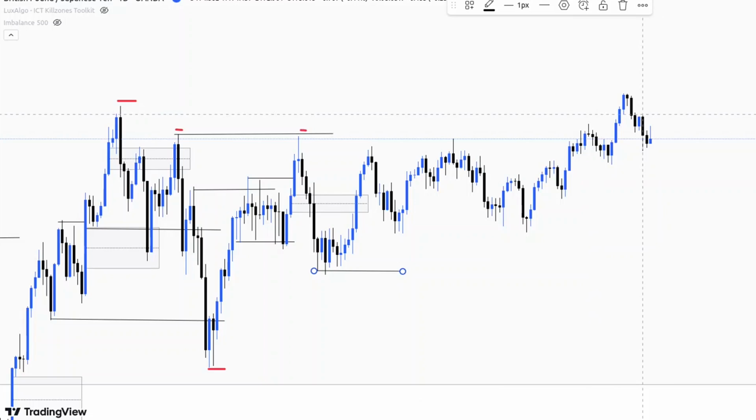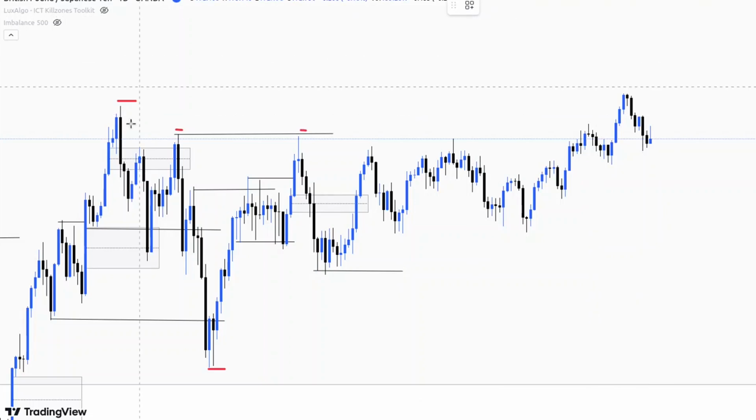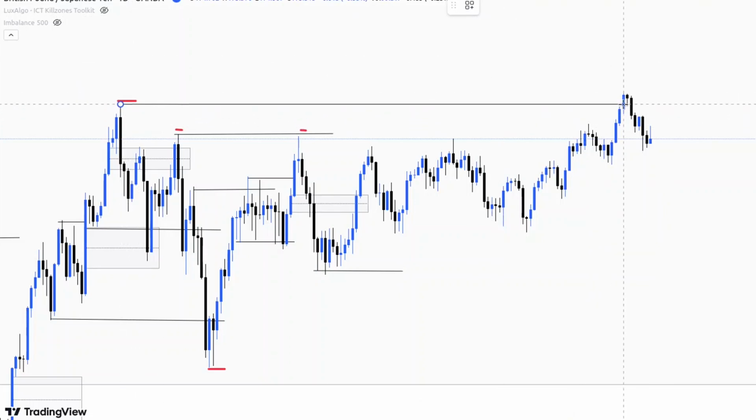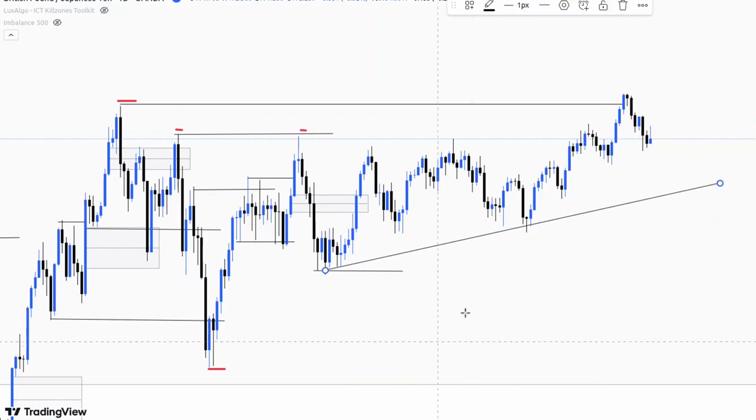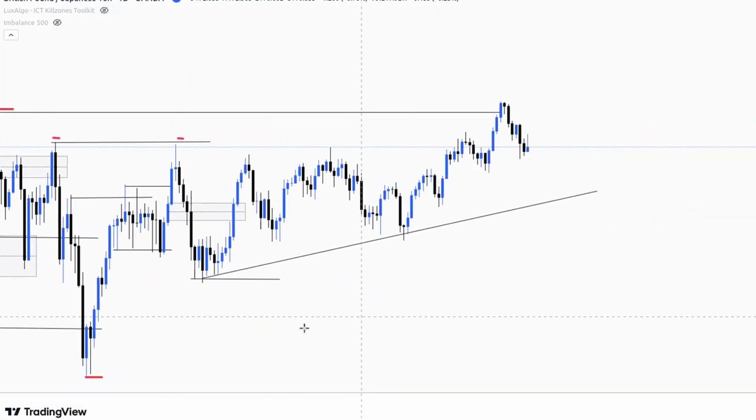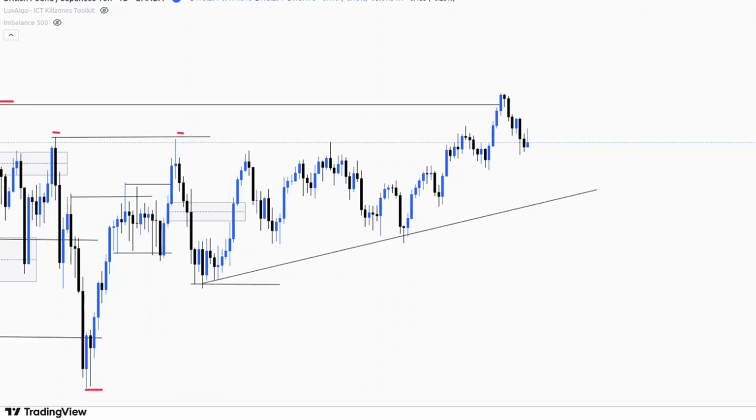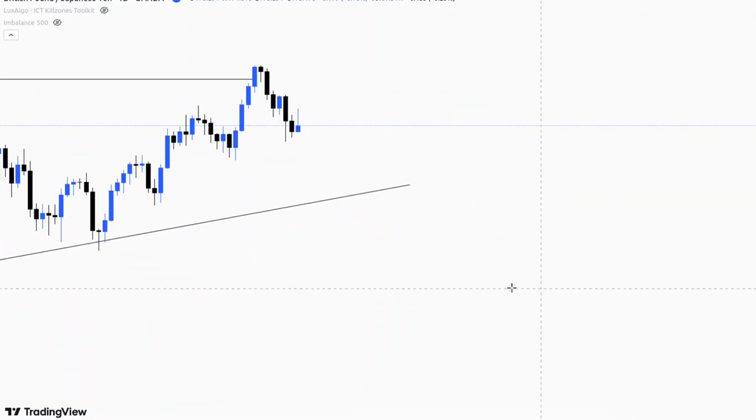As you can see here, price came and ran this liquidity here. Price came and ran all this liquidity, and we have areas of low resistance liquidity here. Can this be our entry zone?